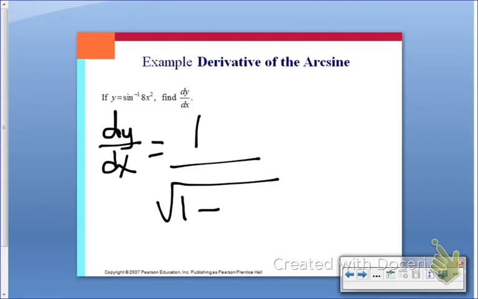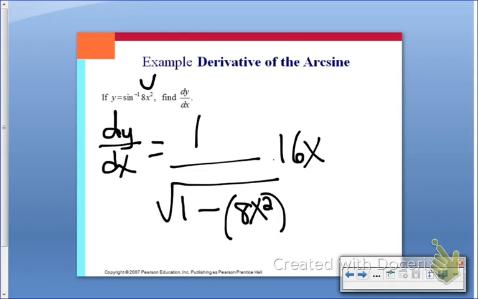Remember that if it's not just an x, we look at the u idea. The u is the 8x squared. We're going to replace that here, so 8x squared goes here, times the derivative of 8x squared. What's the derivative of 8x squared? 16x.